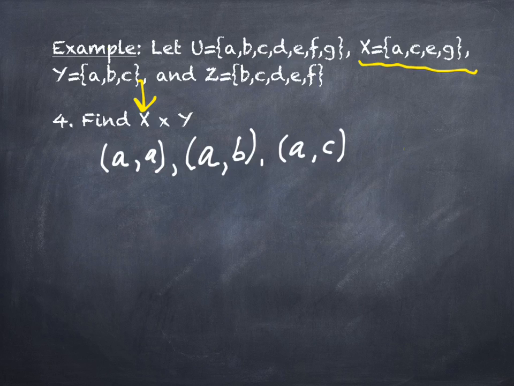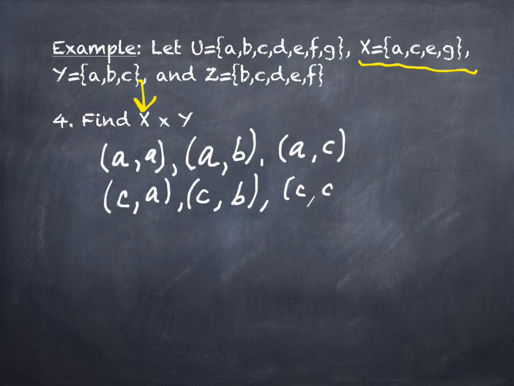That is all the ways I can list the first item in set X with everything else in set Y. But that's not all. What do I have to do next? The second item in set X, which is a C, with the first item in set Y, which is an A. Okay, so we're doing this in an organized way so we don't lose track of somebody and forget to include something. I mean, that's why we're doing it, right? So then I'm going to do C and B, and then C and C. Does everybody see where all those came from? Am I done?